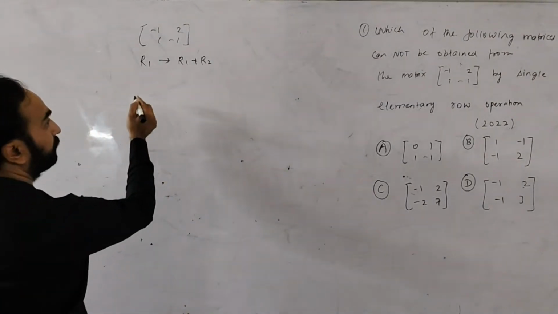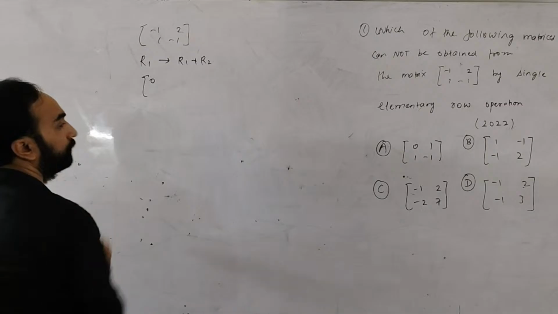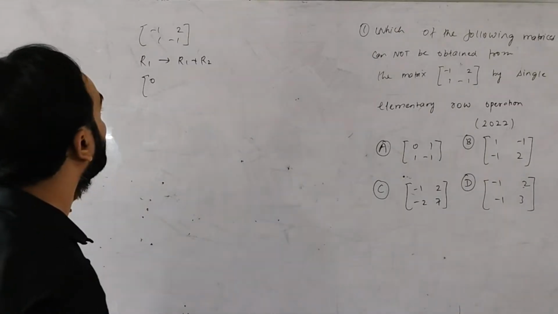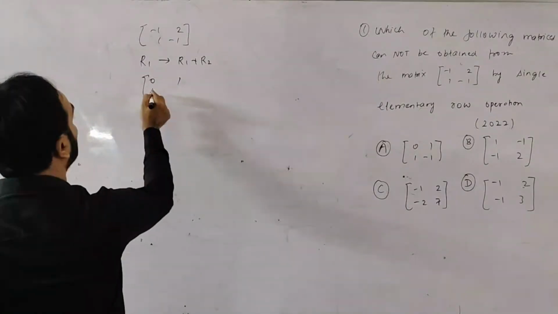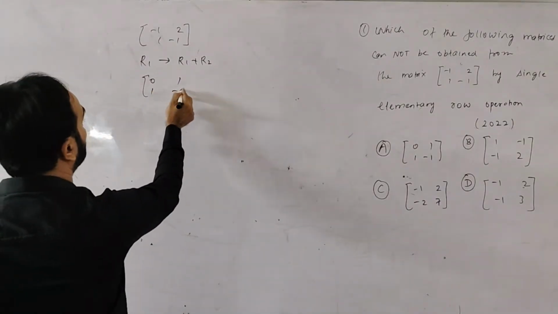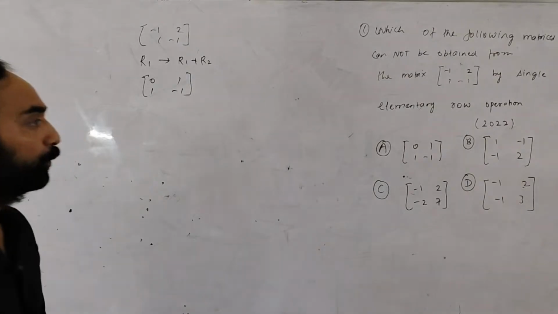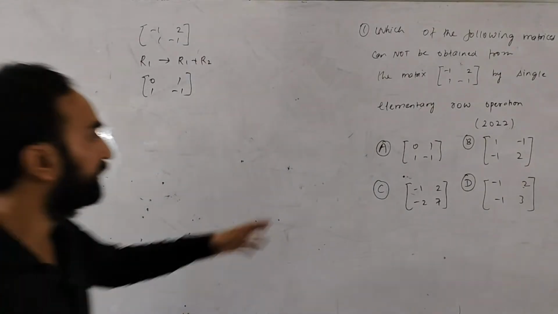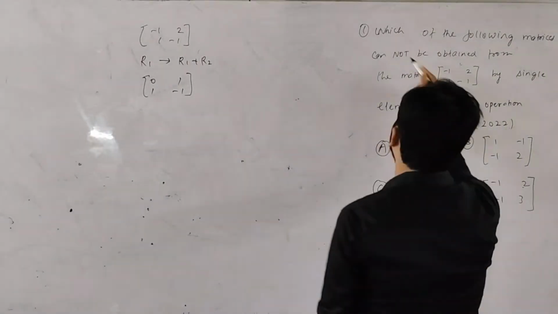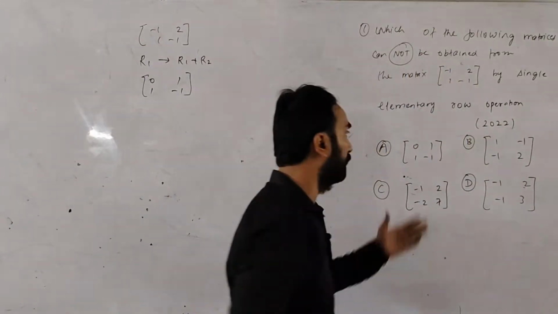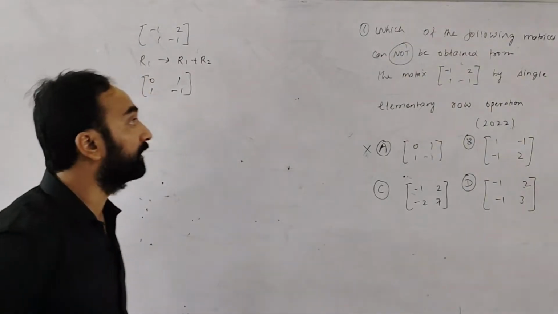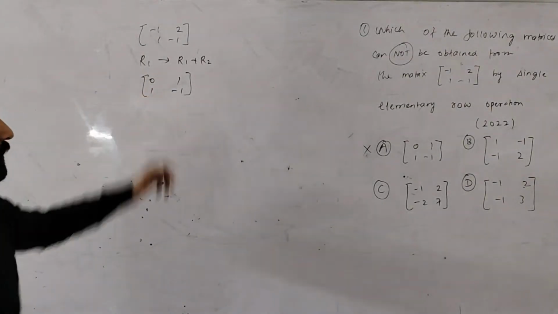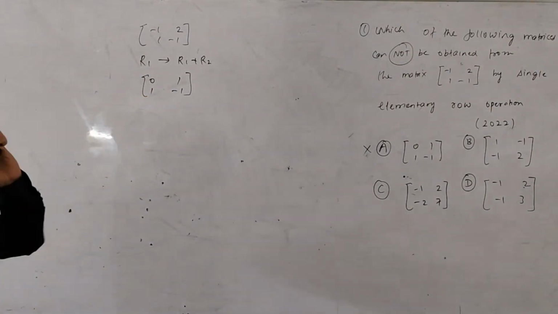It will become -1 plus 1, that is 0, and 2 minus 1, this will become 1, and row 2 we are not changing anything, right? So which option is this? We are getting option A, but the question says cannot be obtained, so this is obviously not the answer. A we have obtained by performing R1 plus R2, correct?